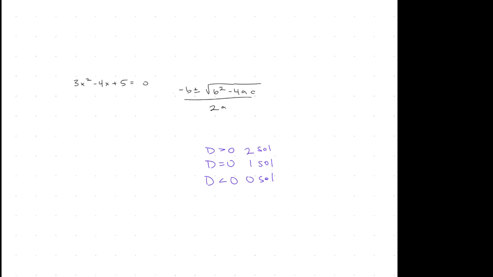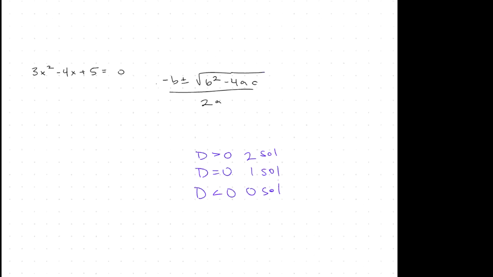So here you can see I have the quadratic formula, and I also have the quadratic as well. So this is the quadratic we're going to be solving for how many solutions it has.